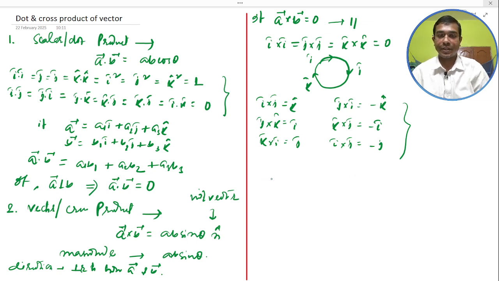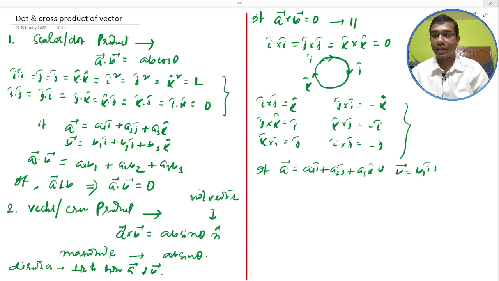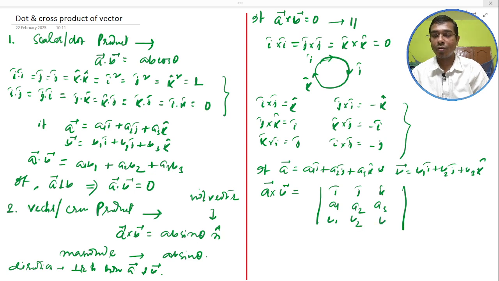Next, if two vectors, A is A1i, A2j, A3k, and the B vector is B1i, B2j, B3k. So A cross B becomes the determinant of i, j, k; A1, A2, A3; B1, B2, B3.